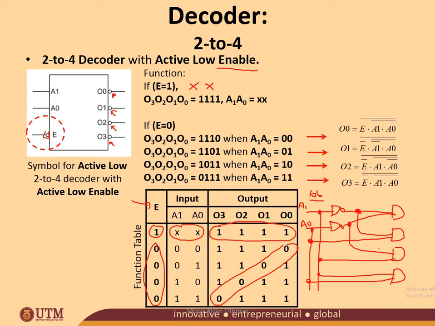This one is not directly related to this diagram, because that one is an active low enable. What I'm drawing now is active high, with active high output. This logic circuit is for active high output.